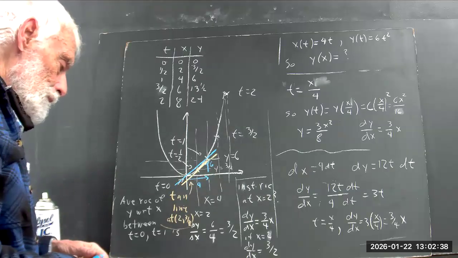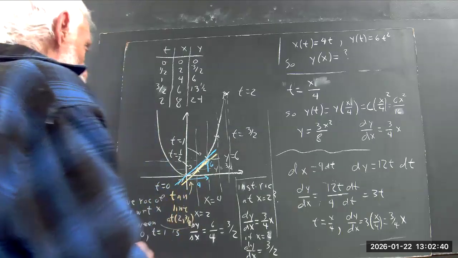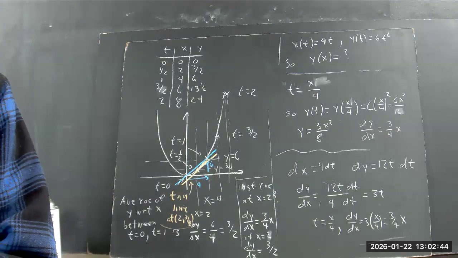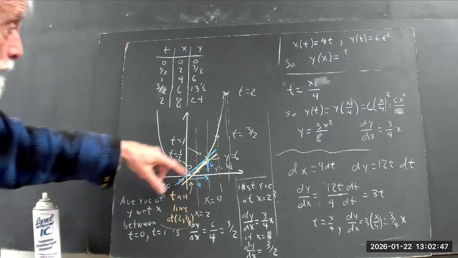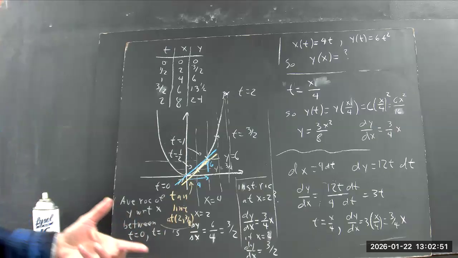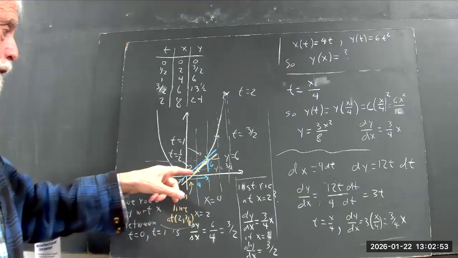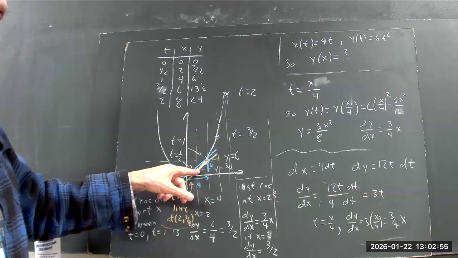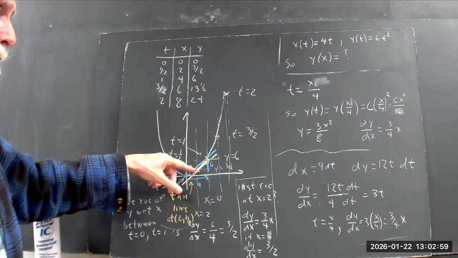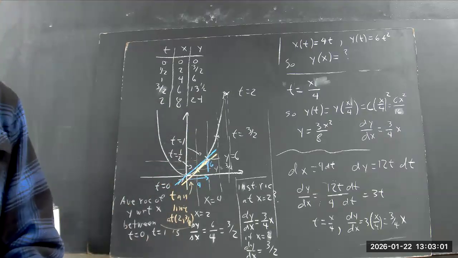Now let's make a little bit more sense out of this, because what we really want to do is model motion along this curve. That's why I've indicated t at all these points. The motion along the curve is such that what's your speed at this point? Well, that's a little bit complicated.